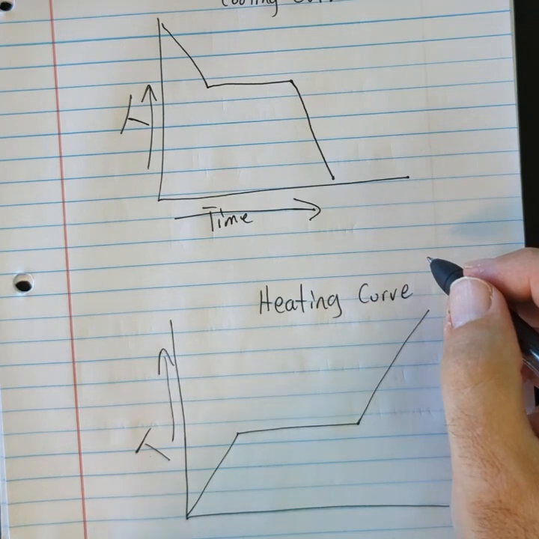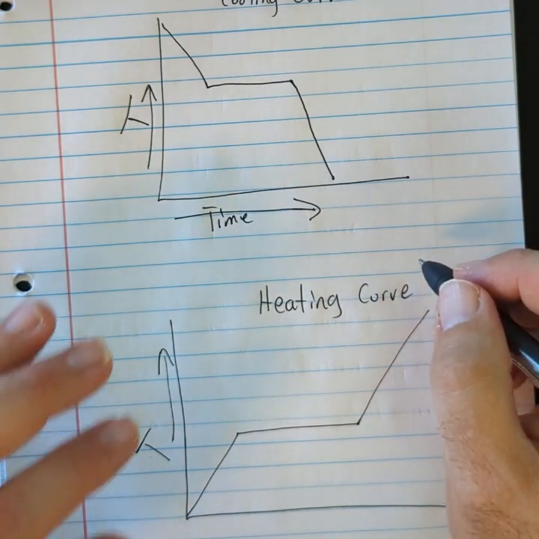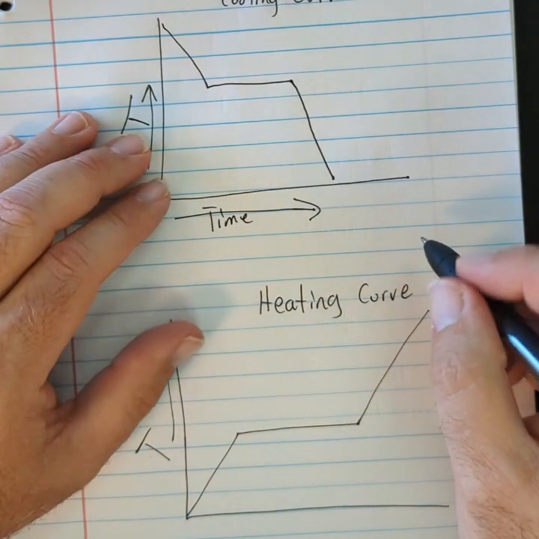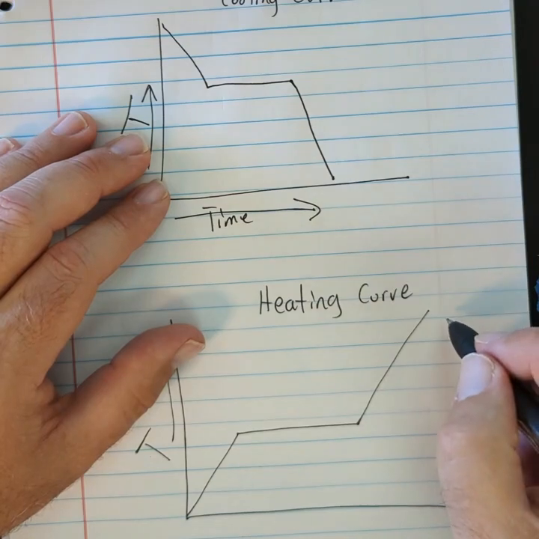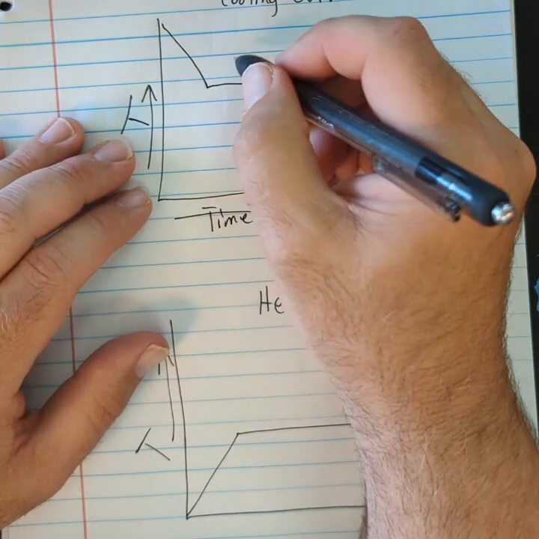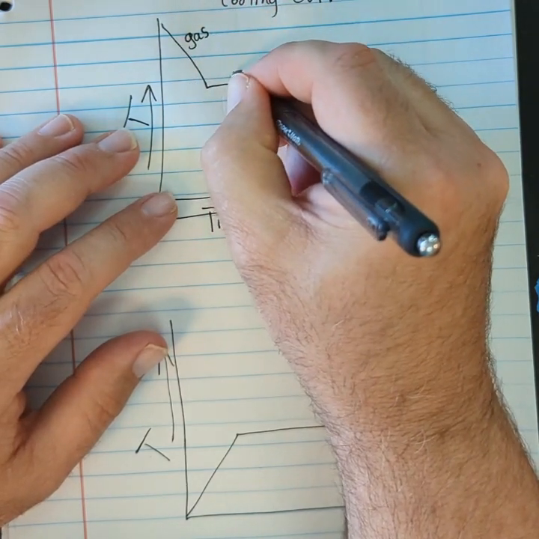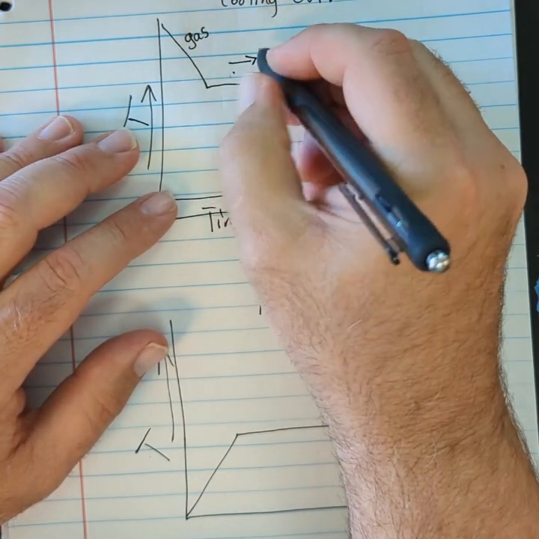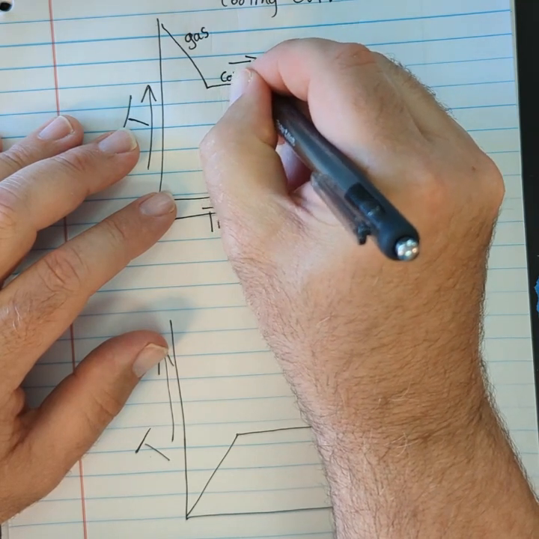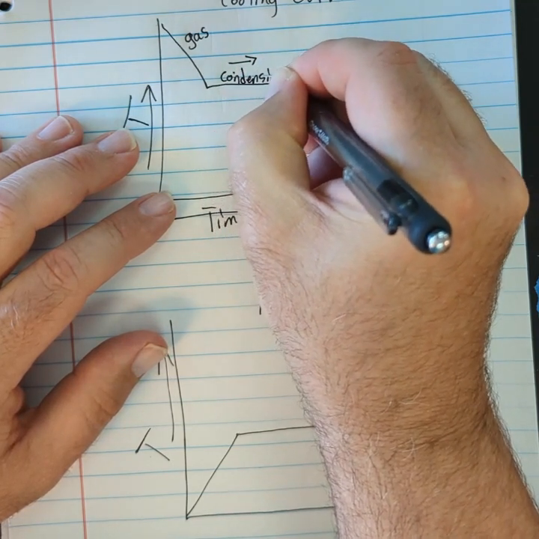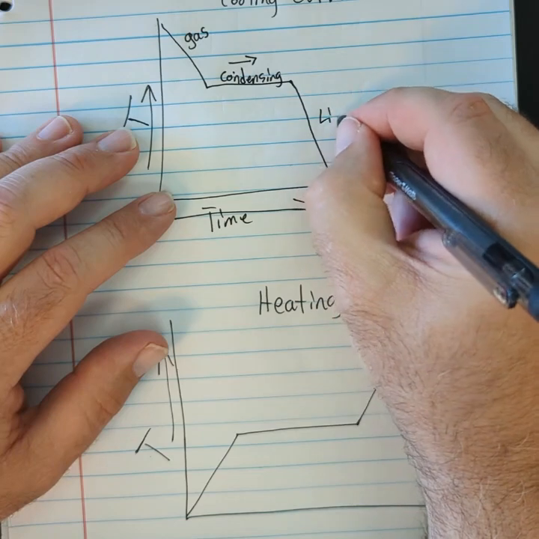Now, either way, in this scenario, in the cooling curve, you are starting with the gas. And at this point, if the temperature is going down, you are condensing. And then you're a liquid.